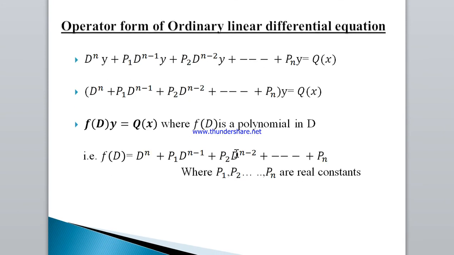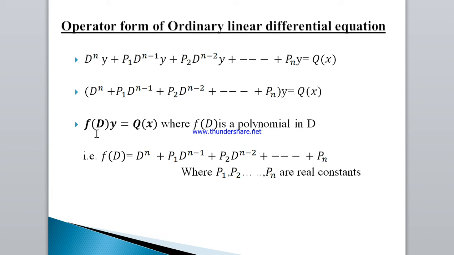Now, the operator form of an ordinary linear differential equation: first you have to write the higher order differential equation. After that, whatever the function y is, write it outside, that is, D^n plus p1 D^(n-1) plus p2 D^(n-2) plus and so on pn, into y is equal to q of x.